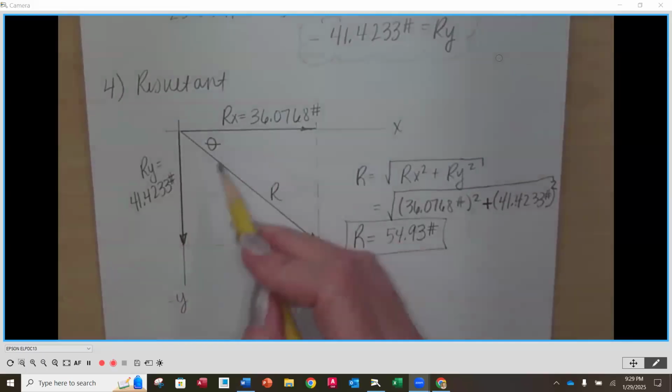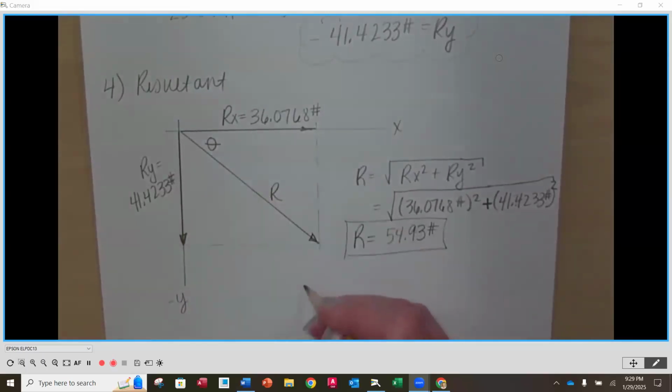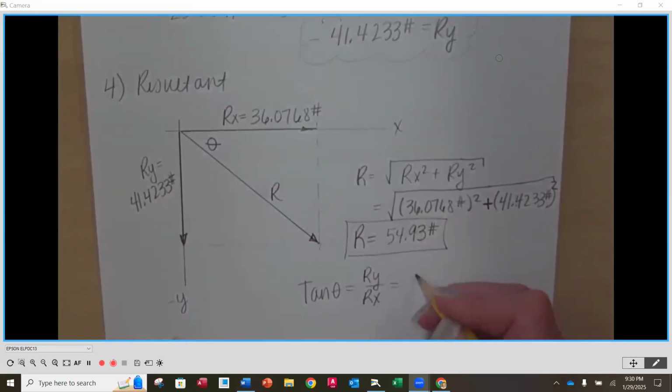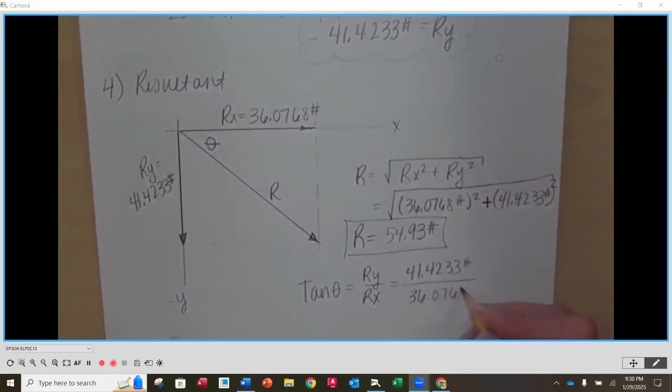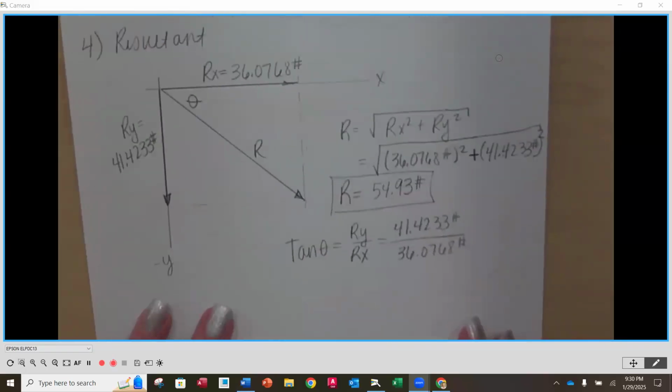And so I know the two sides of the triangle, so I'm going to use the tangent. So I'm going to say tan theta is going to be equal to side opposite, my Ry, divided by my Rx. So my Ry is 41.4233 pounds divided by 36.0768 pounds.